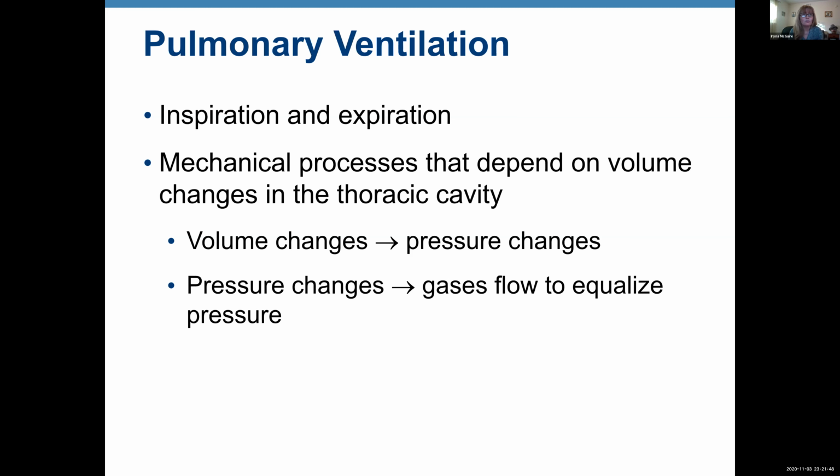Well, gases move from high pressure to low pressure, because they have this pressure gradient. So inspiration and expiration happen because your thoracic cavity changes volume. When volume changes, pressure changes, and then gases flow from high pressure to low pressure to equalize it.